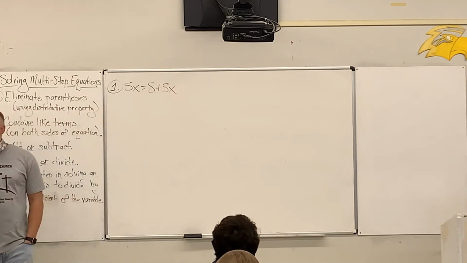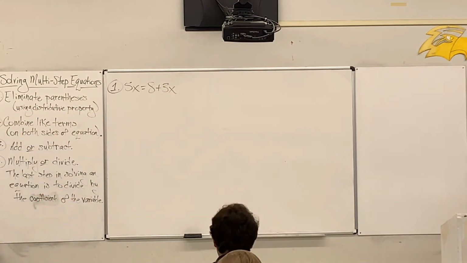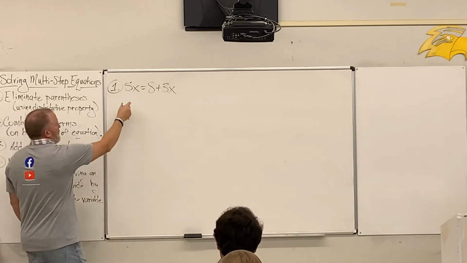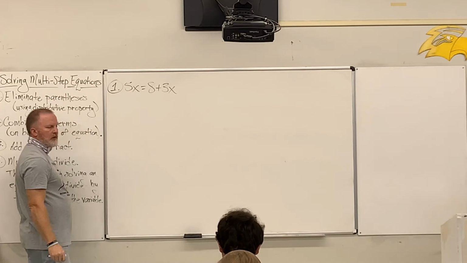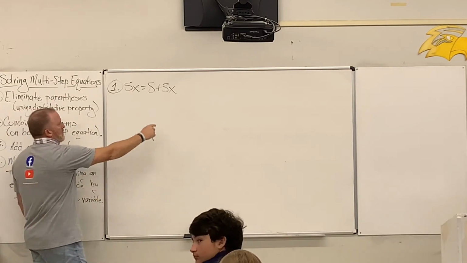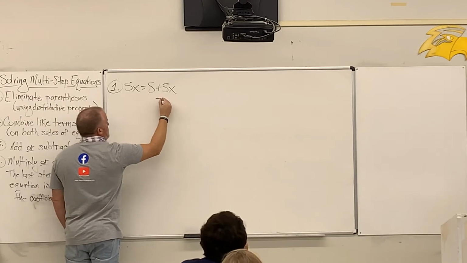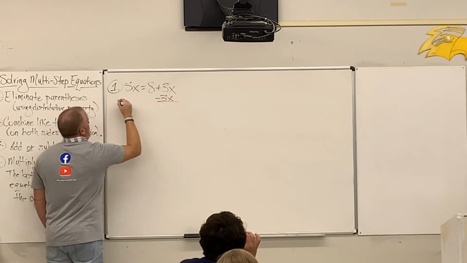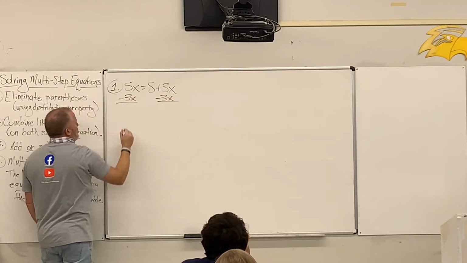Now, you can take the variable to either side of the equal sign that you want to. But here, 5x is already by itself on that side, so it makes sense to take the x over to that side, correct? So since it's plus 3x, I will subtract 3x from both sides.